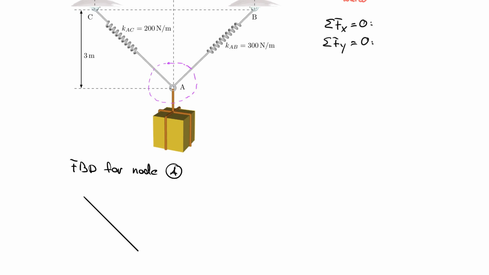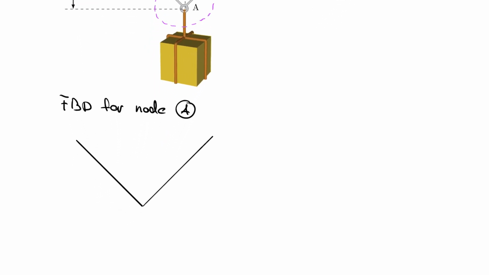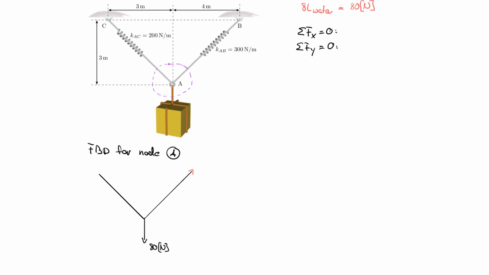And then here we have a 3, 4, 5 triangle. And I believe we said that we have 80 Newton acting on the system. Now my unknown here would be FAB. And I have an unknown here, which is FAC.